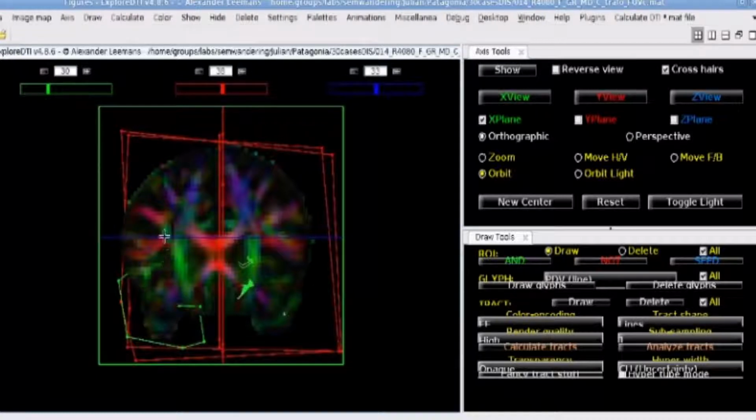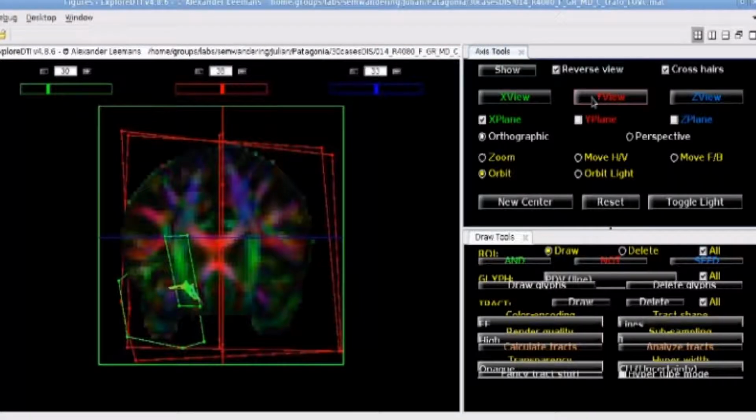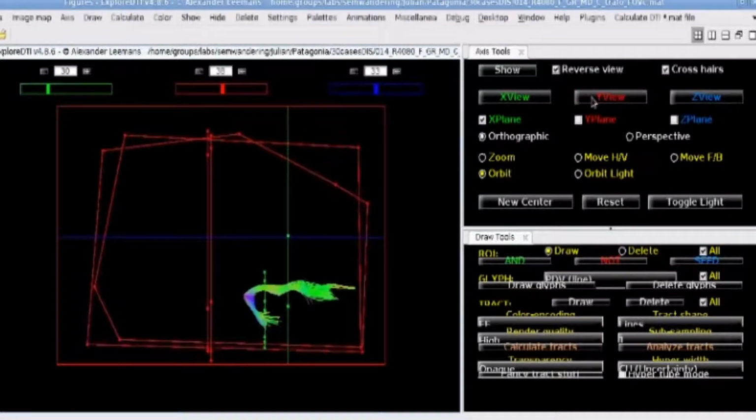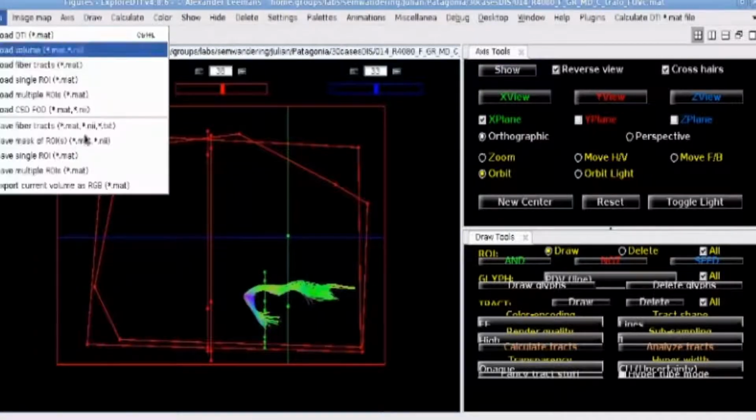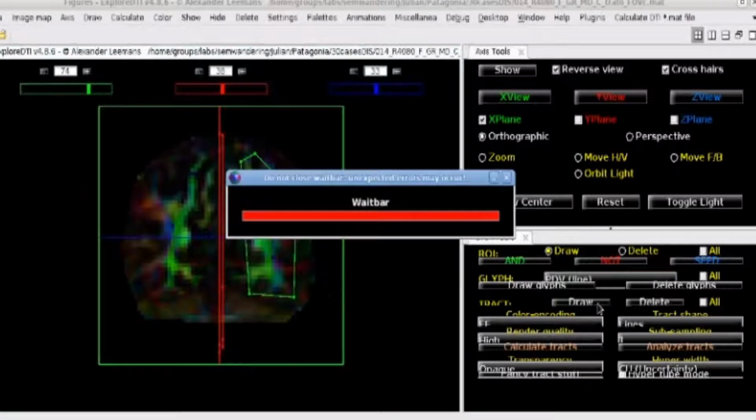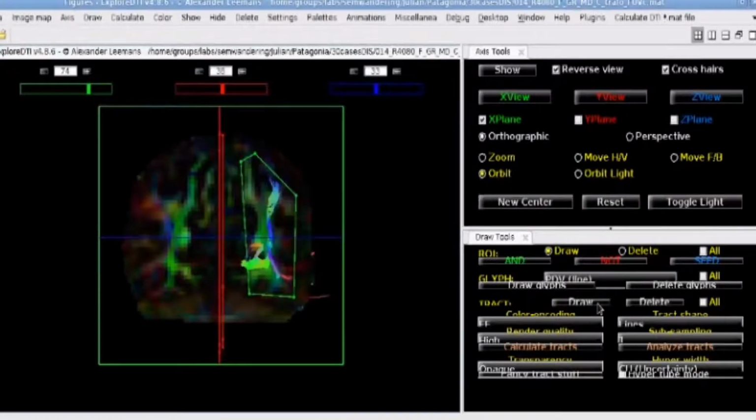Red means that the information is crossing from the left hemisphere to the right hemisphere and vice versa. The blue color implies bottom up and descending fibers as you are looking.